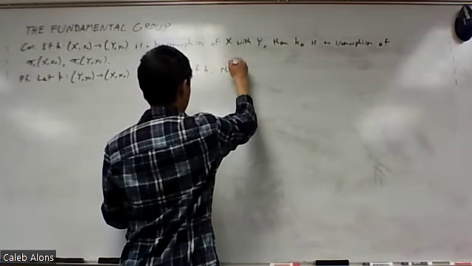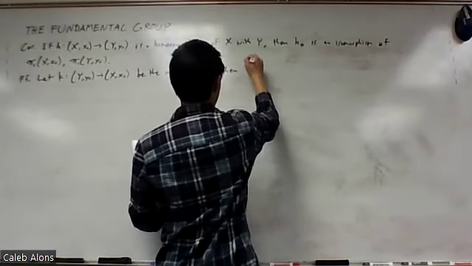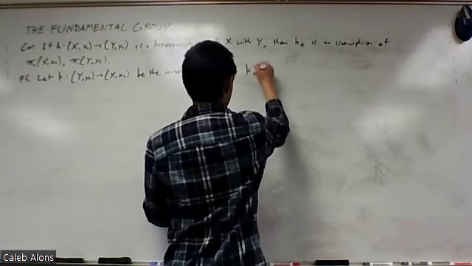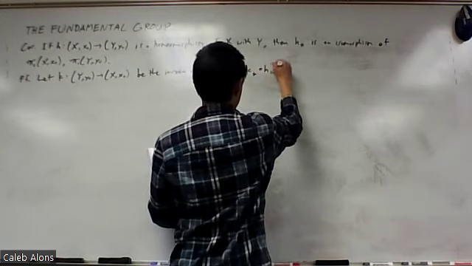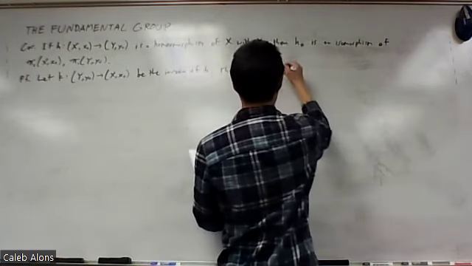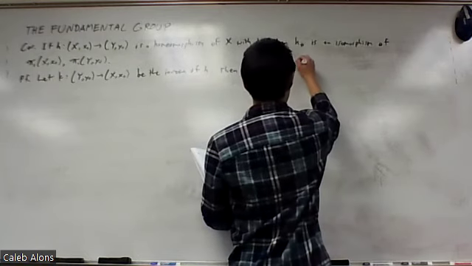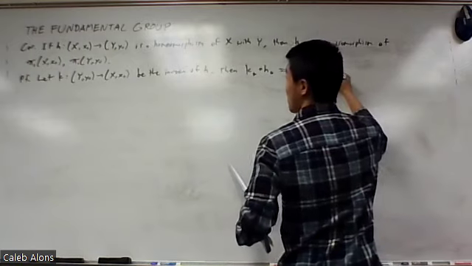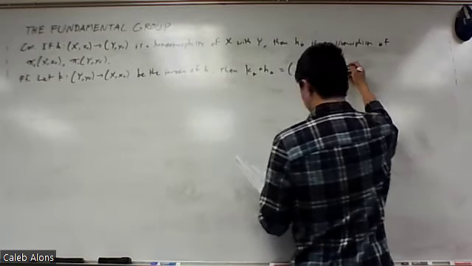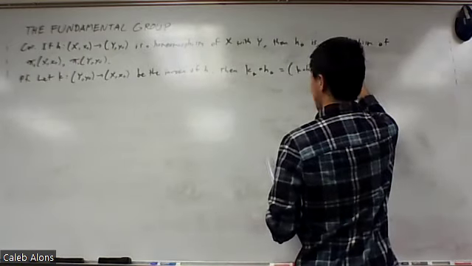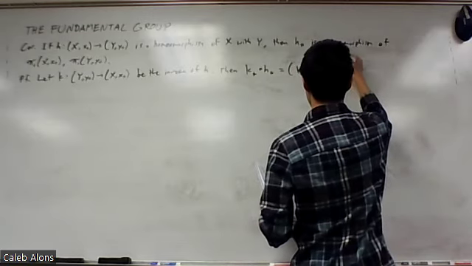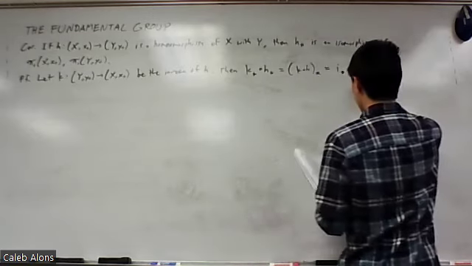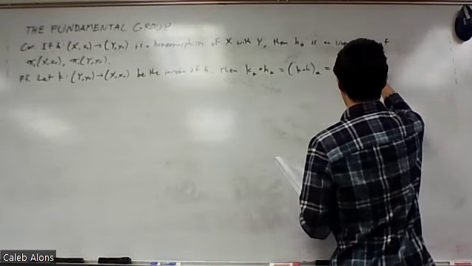Then, if I take the induced homomorphism k star and compose it with the induced homomorphism h star, then that is going to be k of h star from the previous lemma or theorem, which in this case, because we defined it to be the inverse, is now the identity homomorphism, where I is the identity map of x naught.